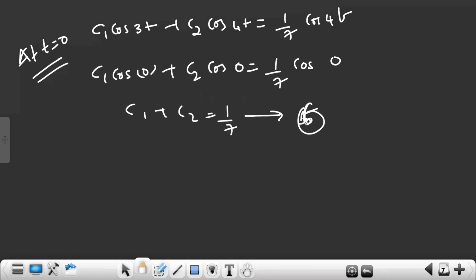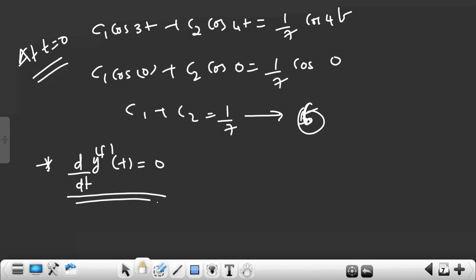Now we will apply another initial condition, that is d by dt of yf of t equal to 0. This is another initial condition. Why are you going for two initial conditions? Because there are two values, C1 and C2, to find out. So we have to develop two equations and solve.